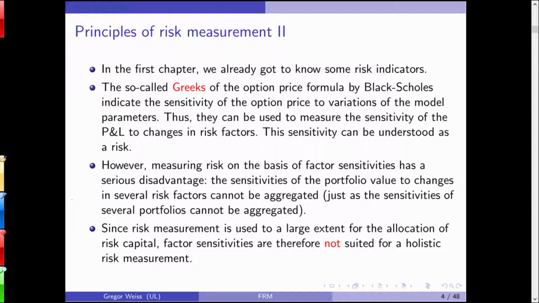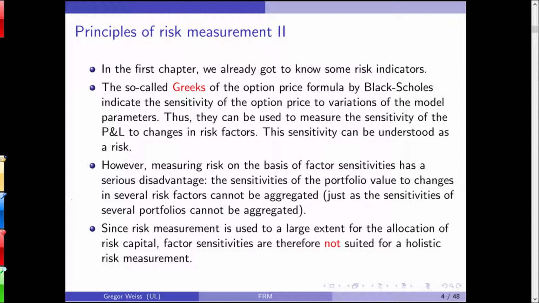In the first chapter, we've already seen an example of a risk measure in the form of the so-called Greeks of the Black-Scholes-Merton option pricing formula. Do you remember what the Greeks are? Mathematically speaking, the Greeks are derivatives. The derivatives of what? The pricing function, with respect to the input factors and the input variables of the Black-Scholes-Merton pricing formula.